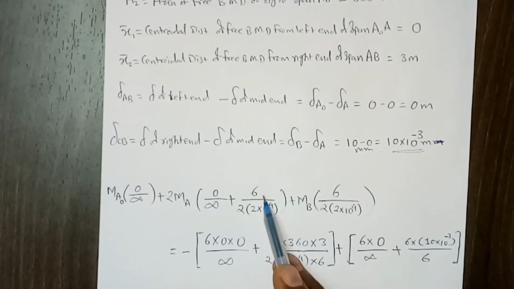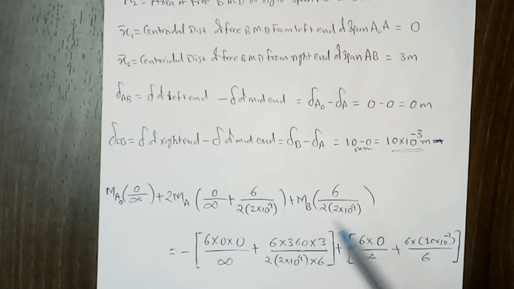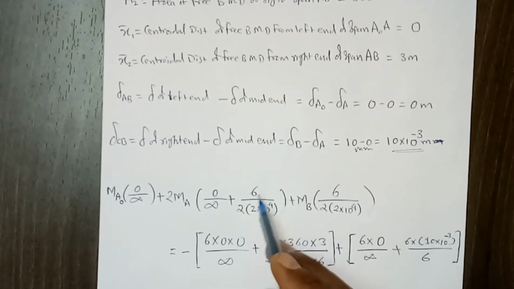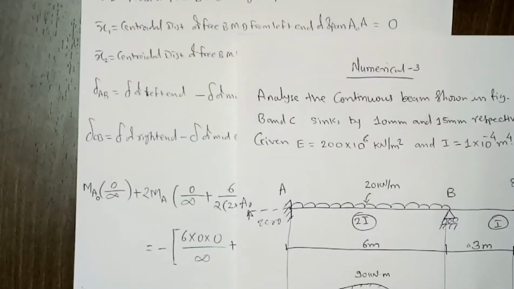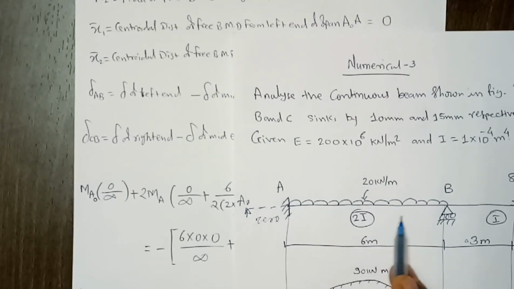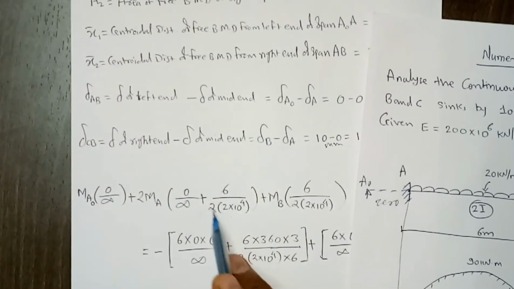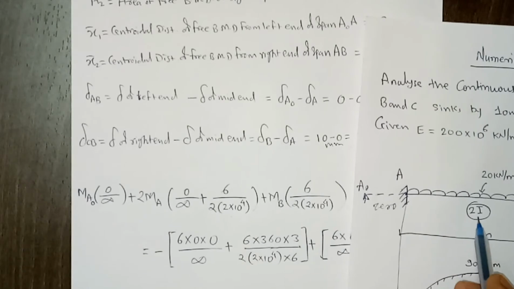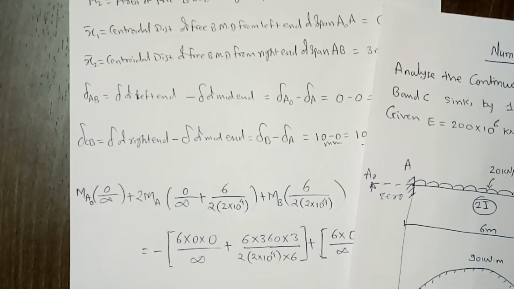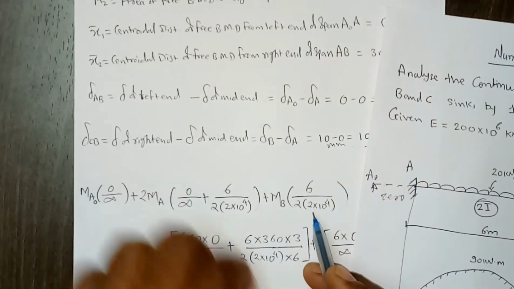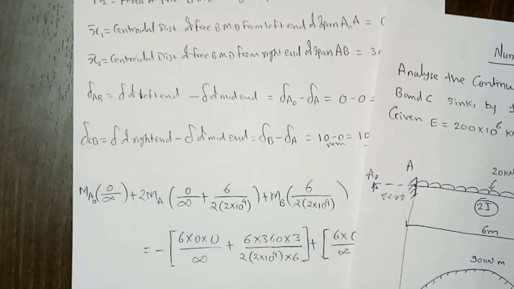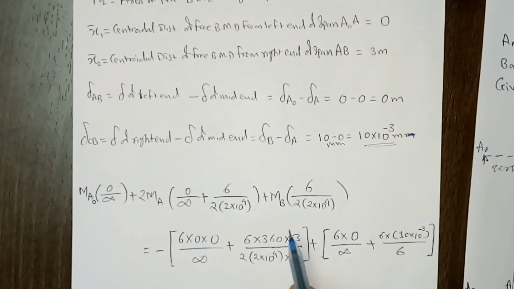Then plus, for the second span, it is L by EI. So L is 6 meter, this portion has a length of 6 meter, and then divide by 2 EI. So EI we already calculated, we are multiplying by 2 outside, or directly you can write down 4 into 10 raised to 4, which we have calculated previously.